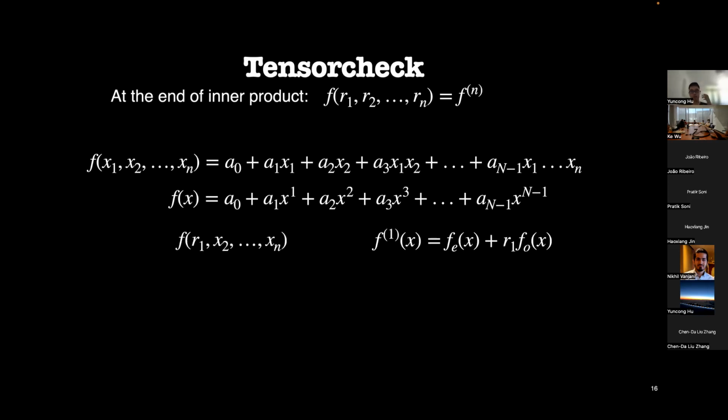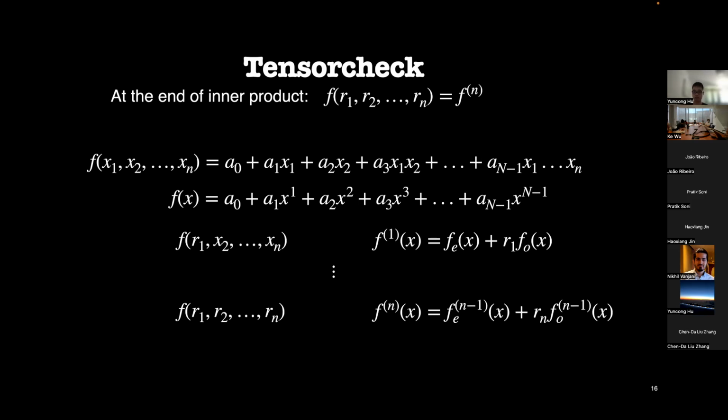For example, if you fix the first variable of the multivariate polynomial to be an evaluation point like R1, this actually means that you fold the univariate polynomial using R1. You fold the even and odd parts using this R1. So we find this mapping between the multivariate and univariate. The evaluation basically means that you fold this univariate polynomial n times, and each time you use one randomness like R1, R2, up to Rn.